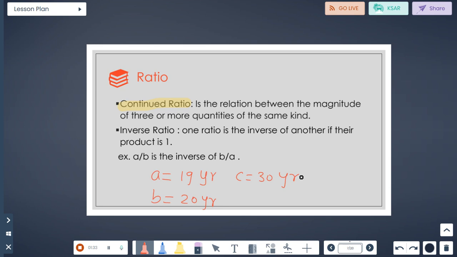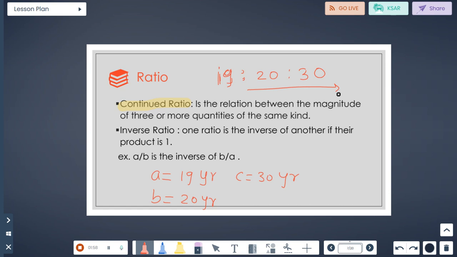Then the ratio of the ages of those three persons is 19 is to 20 is to 30. This is what? Continue ratio.